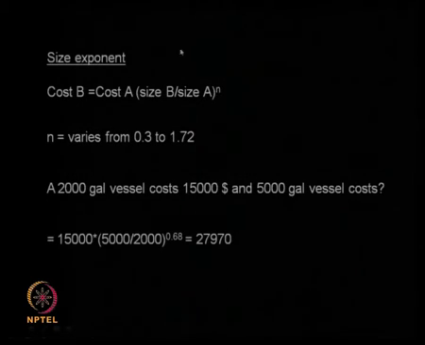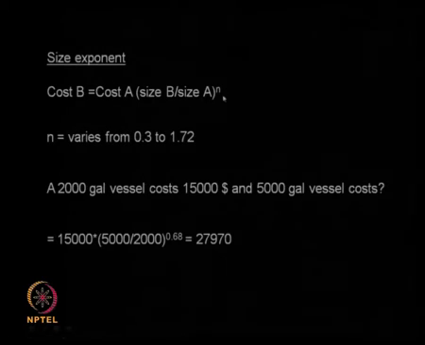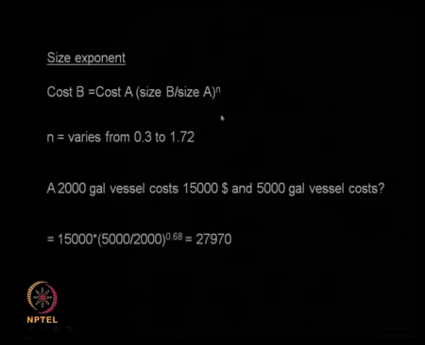So this is the formula where cost B is equal to cost A multiplied by size B by size A raised to the power n. N is an exponent, called the size exponent, and it varies between 0.3 to 1.72 for different types of equipment. If it is an agitator, you have a different n value, if it is a tank it is different, and so on. And there is a table, I will show you the table.